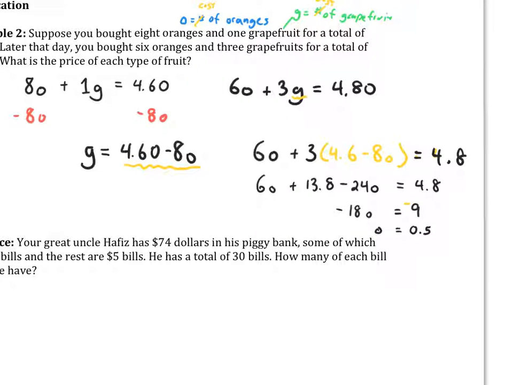So now I go back over to here, and I'm going to take the g, 4.6 minus the 8 times the 50 cents. So 4.6 minus $4. So in the end, I get 60 cents.